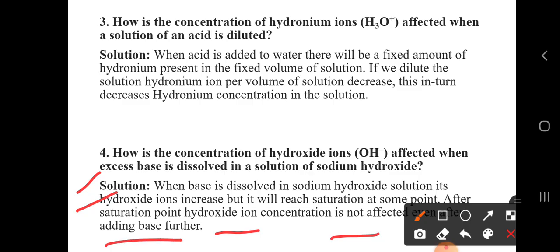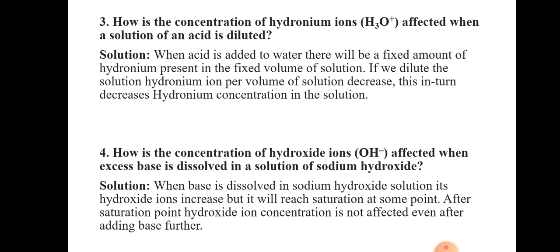By adding more base, it will not show any effect after adding an extra or excess amount of base. The next question is: why do HCl, hydrochloric acid, and HNO3, nitric acid, show acidic behavior in aqueous solution, while solutions of compounds like alcohol and glucose do not show acidic behavior?